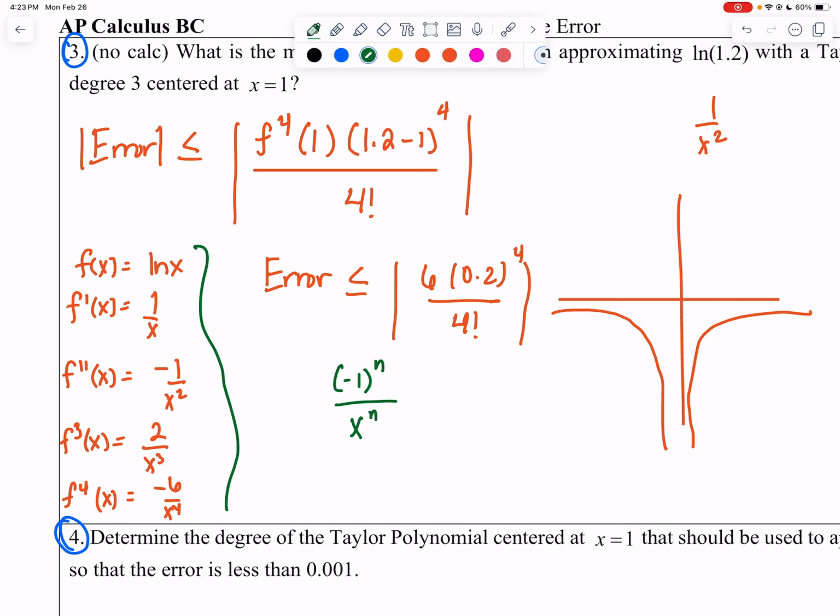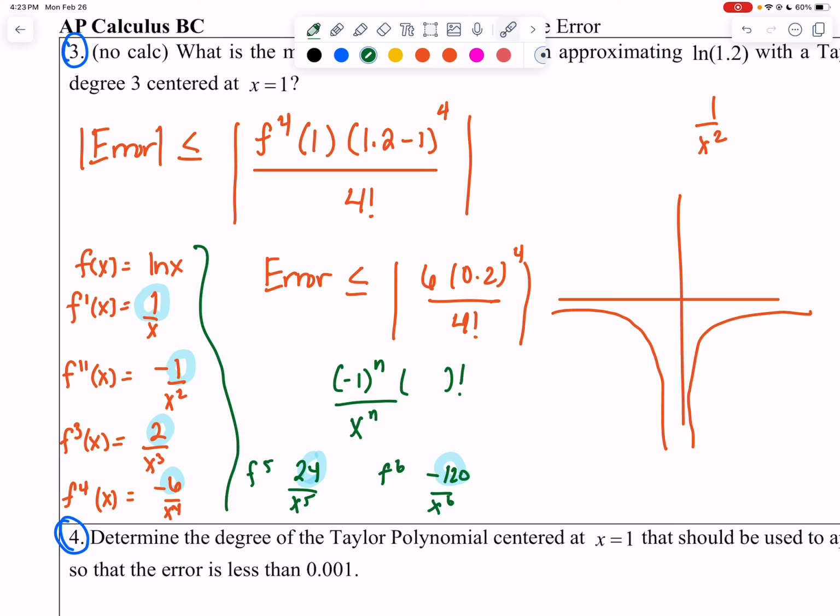My fifth derivative is going to be 24 over x to the fifth. My sixth derivative is going to be negative 120 over x to the sixth. Hopefully you might notice a pattern: these are my factorial numbers. 1, 2, 6, 24, and 120. So I'm going to have some sort of factorial going on.